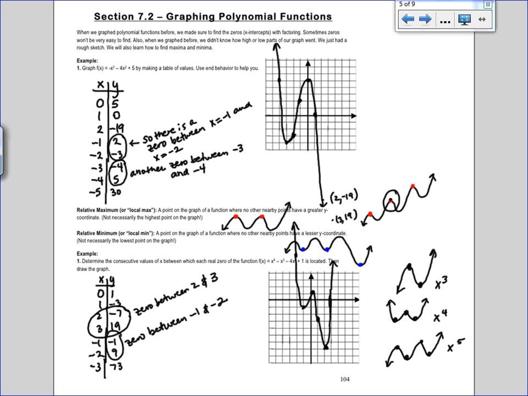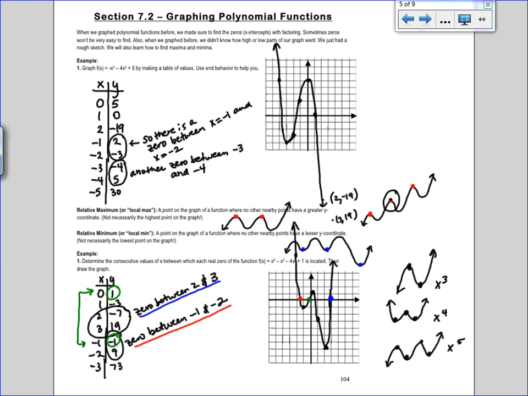All right, so where are my zeros? We had the one between 2 and 3, right here. We had the one between negative 1 and negative 2, right here. We have one between 0 and negative 1. You can confirm that one is 1 and that one is negative 1, so the signs went from positive to negative.